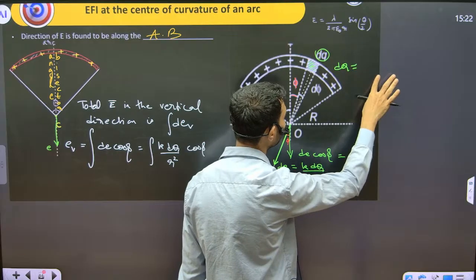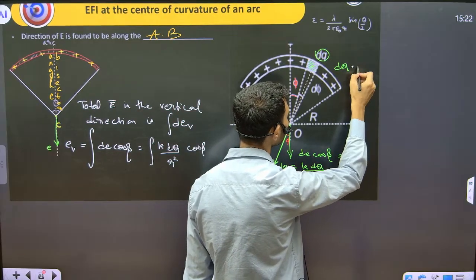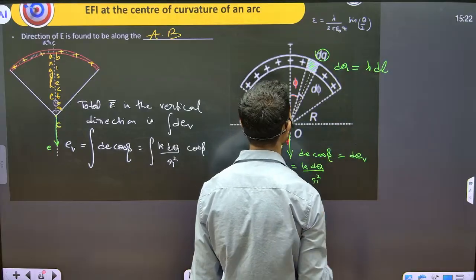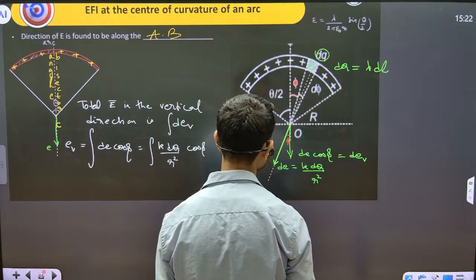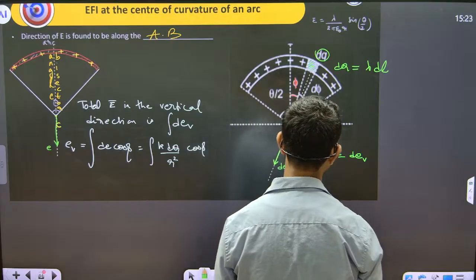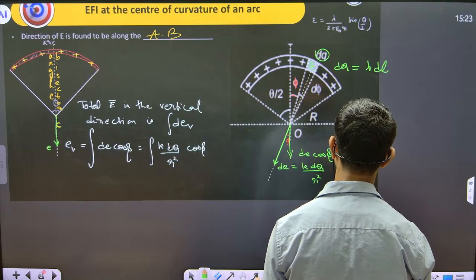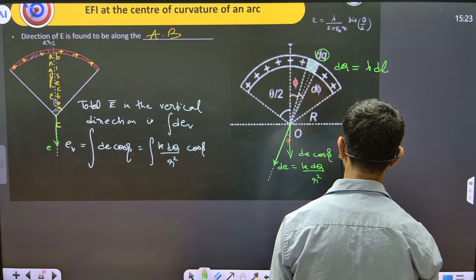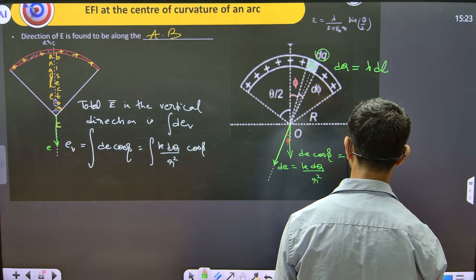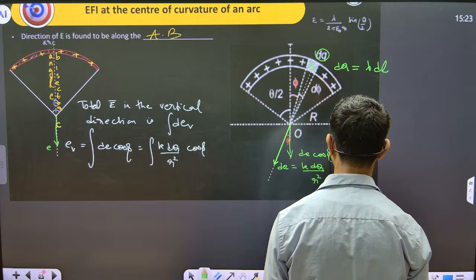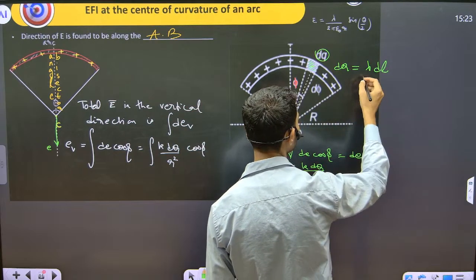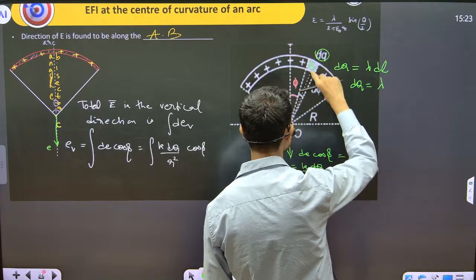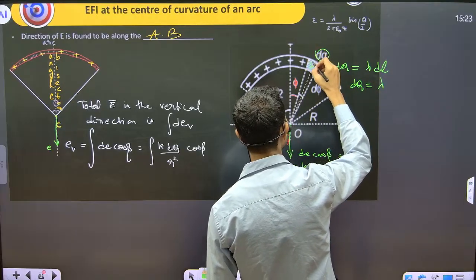Differential charge can be written as lambda times dl, and dl is what? dl is this length.